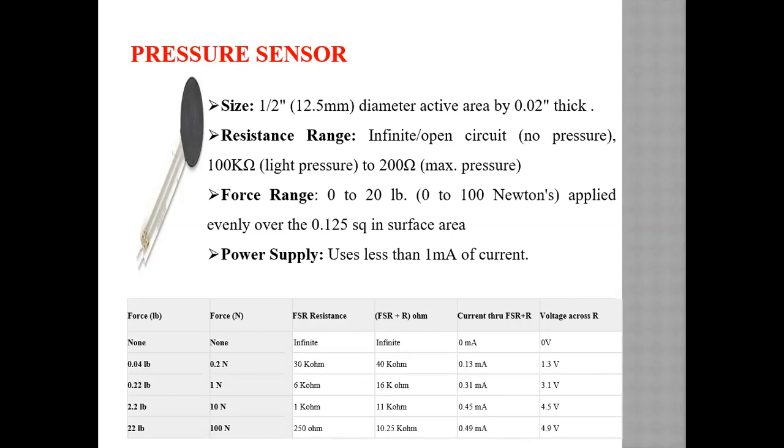Why you should know this is that pressure sensors are selected for pressure applications, where I can measure pressure in terms of the forces applied. Once you know the specifications, you can see whether this particular sensor is suitable to be adapted for this embedded system or not. If you see the power rating, it uses less than 1 milliampere of current.